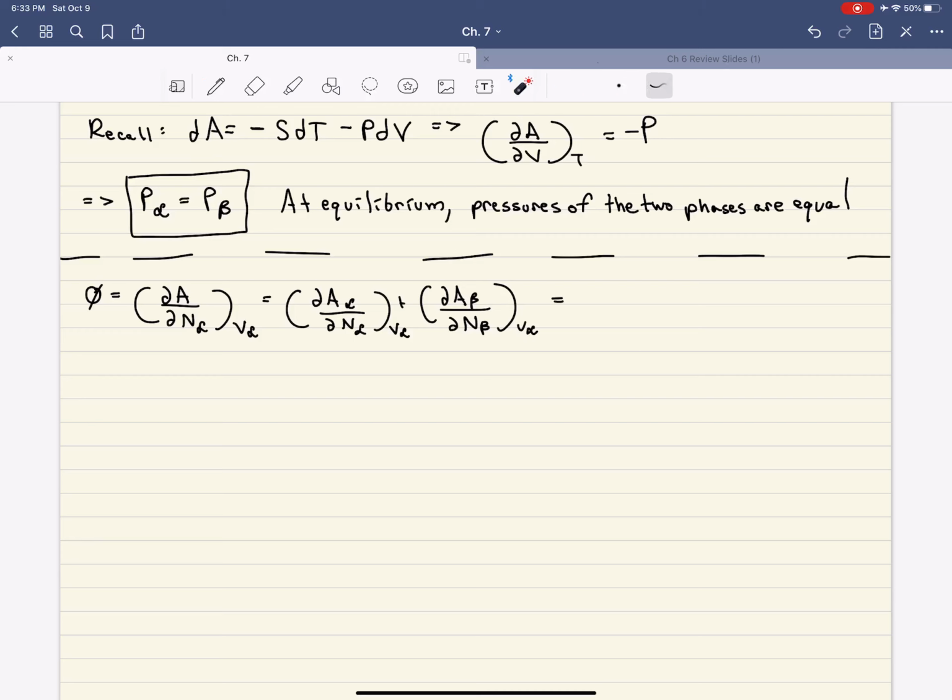Once again, for the Helmholtz beta, we want to write it not in terms of N alpha, but in terms of N beta. So we'll do that expansion rule again.